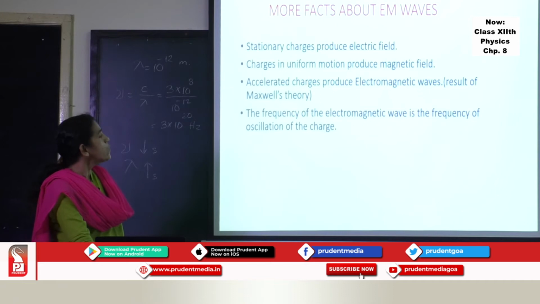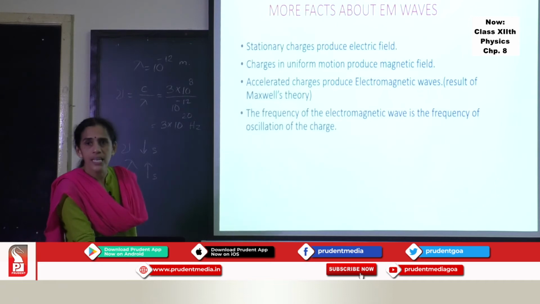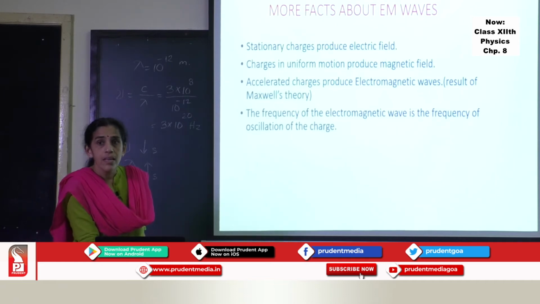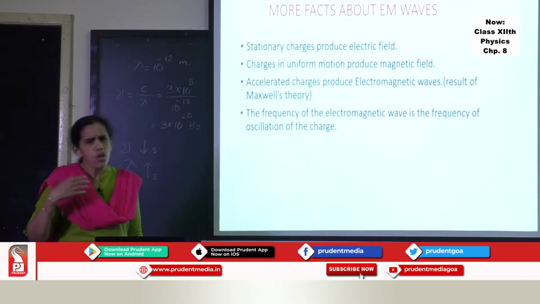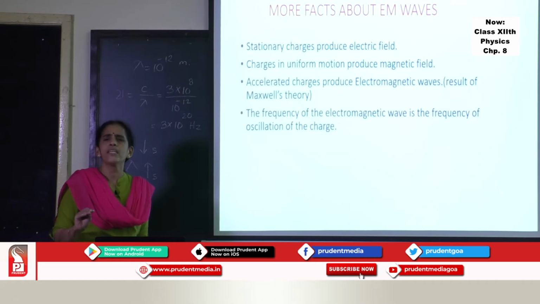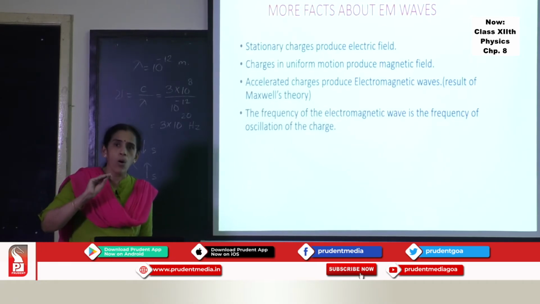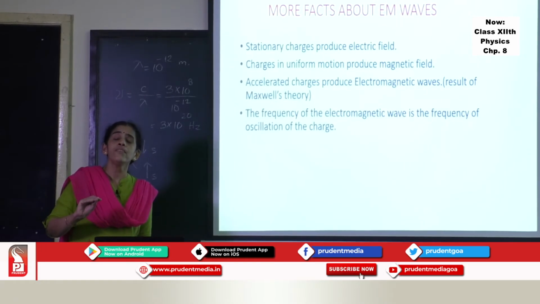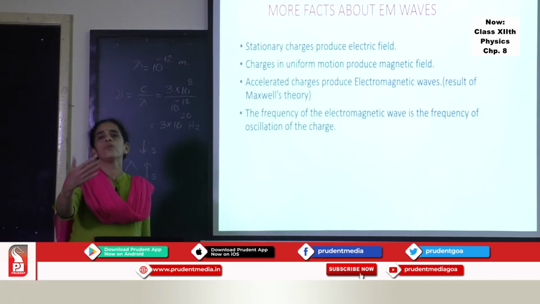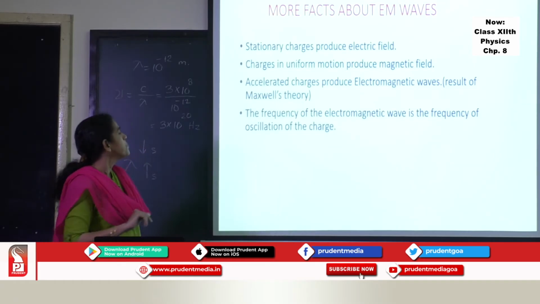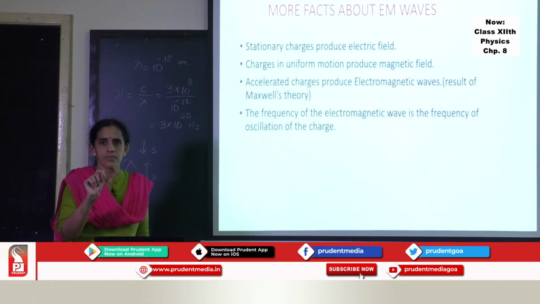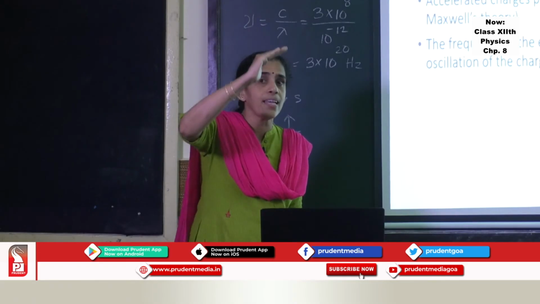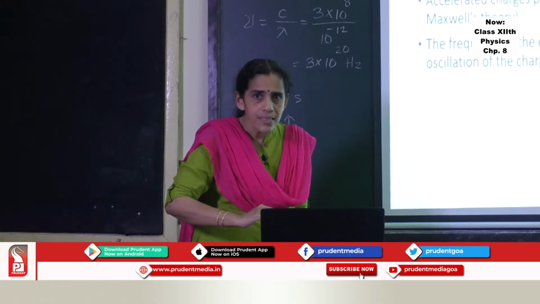Then, the frequency of the electromagnetic wave is the frequency of the source. Frequency of all waves, not only electromagnetic wave, will be the frequency of the source, what is producing it. Okay? Therefore, it is the frequency of oscillation of the charge. See, once the charge is oscillating, it is getting accelerated.